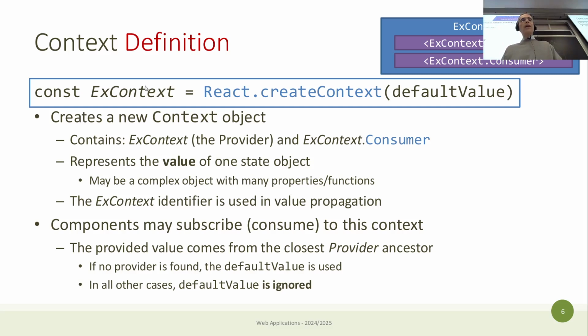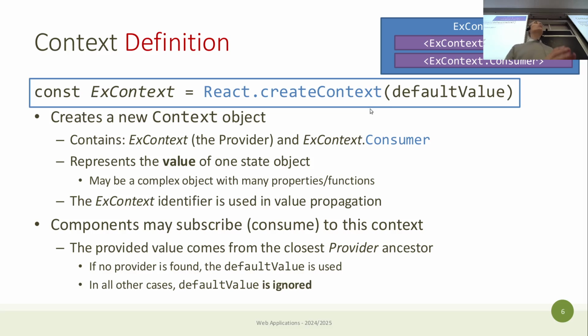And this reference to the context has to be made available to your whole application where you need it. In short, you need to import this value where you need it inside your application. And then components may subscribe, it means consume the value of this context. So take the value from this context.